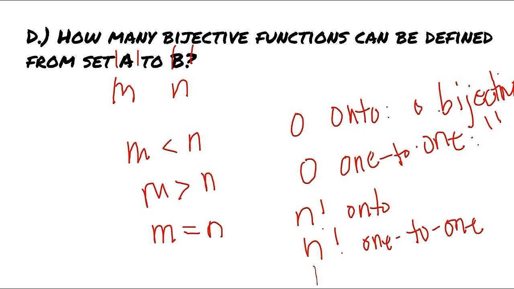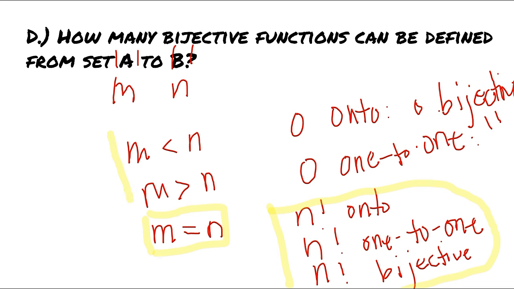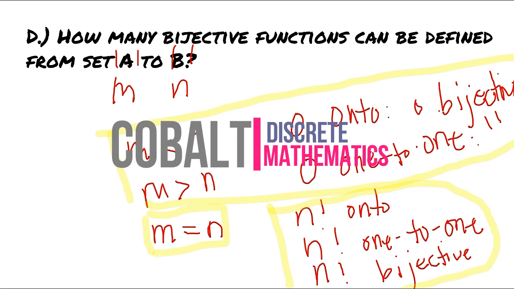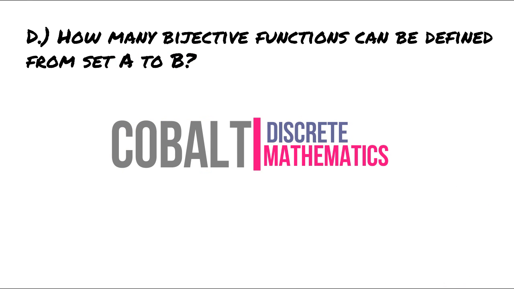It follows that there are n factorial bijective functions, if the equality m equals n is satisfied. For the rest of the cases, we don't have any bijective functions. So that's it for the combinatorics.